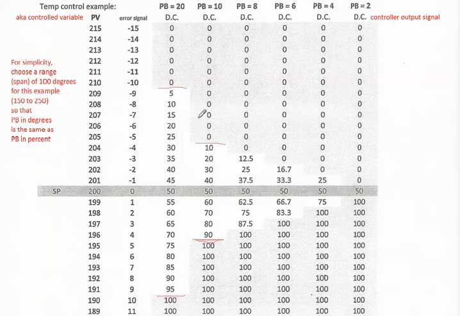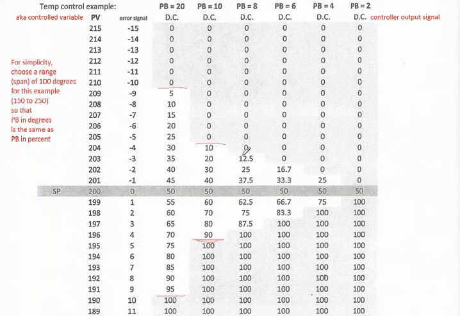The gain doubles when the proportional band halves. Cut the proportional band in half, or you could say you doubled the gain. Do you see how they're inversely related? And as we continue across, we just keep narrowing the proportional band and reducing that.